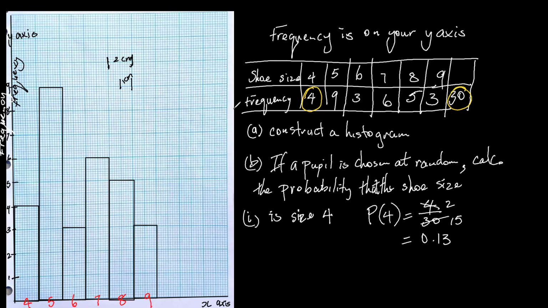What is the probability? Next question. Listen carefully. Probability that the shoe size is less than 5. All right. So how many shoe sizes are less than 5?